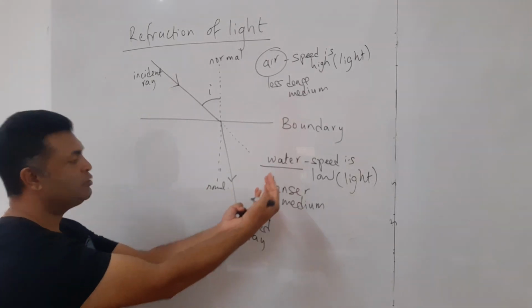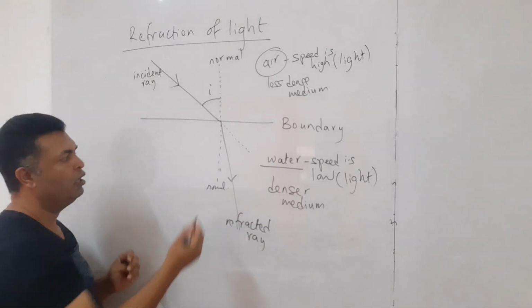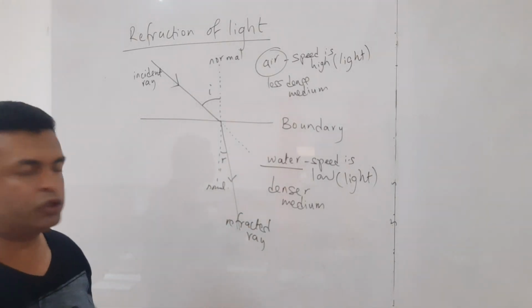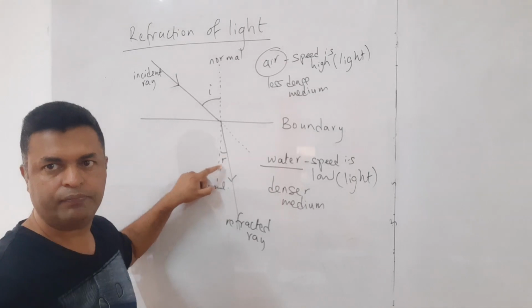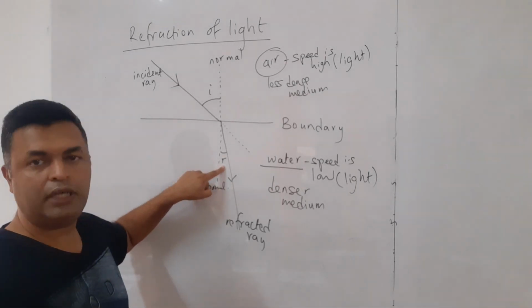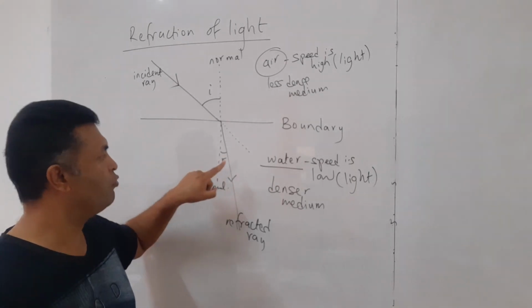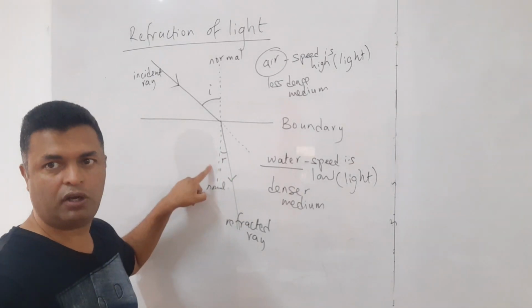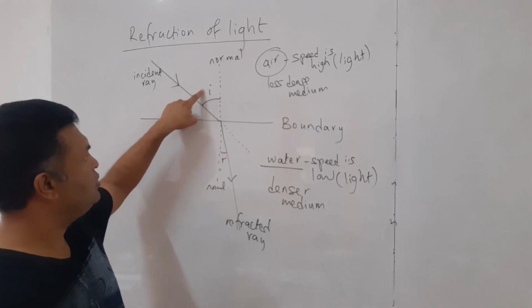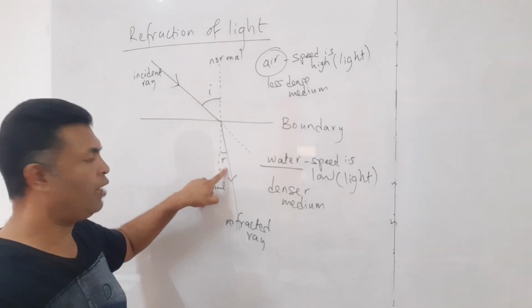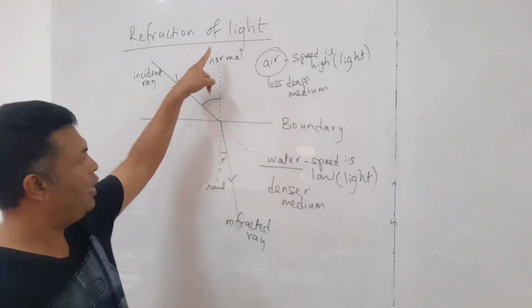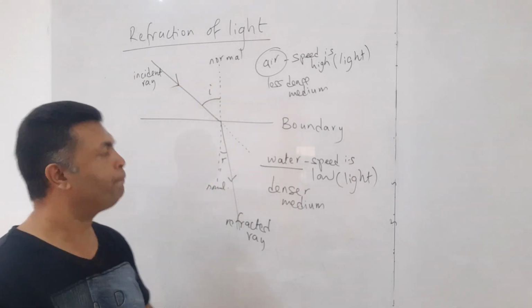The refracted ray is bent towards the normal. This is the angle of refraction, or the refracted angle. Again, the refracted angle is the angle between the refracted ray and the normal; the normal is always concerned. So you have the incident angle, refracted angle, incident ray, refracted ray, and the normal.